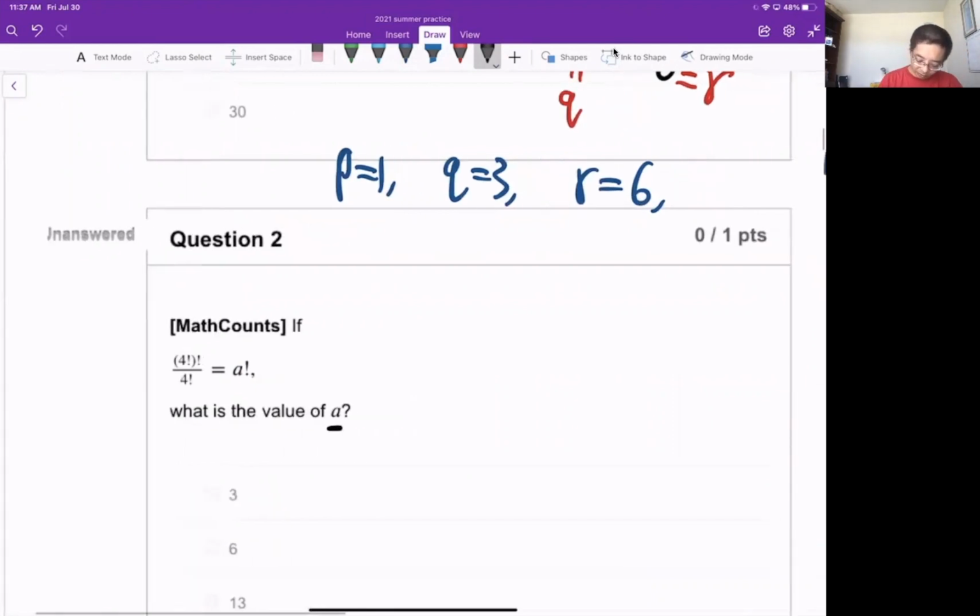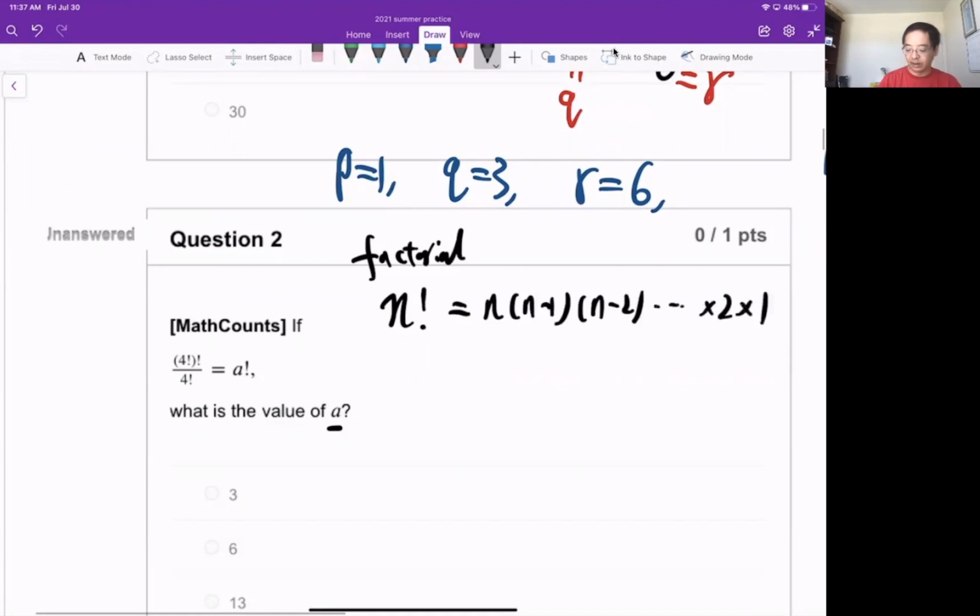Let's recall, n factorial by definition is n times n minus 1, times n minus 2, and all the way to times 2 times 1. This represents, if you have n different items and you want to arrange them in various orders, the number of ways you can do that is n factorial.